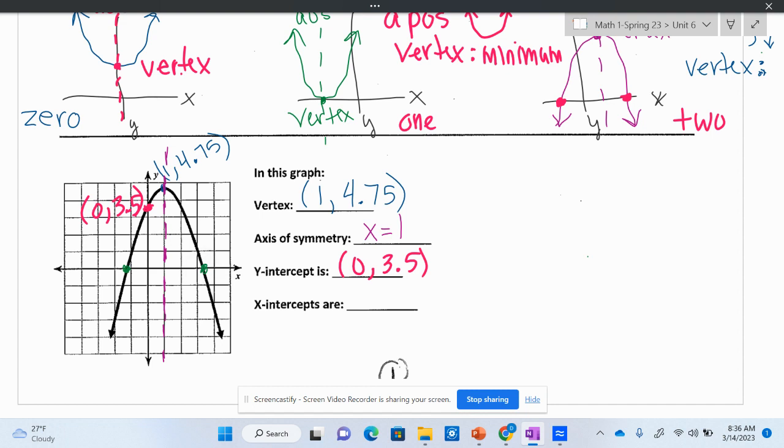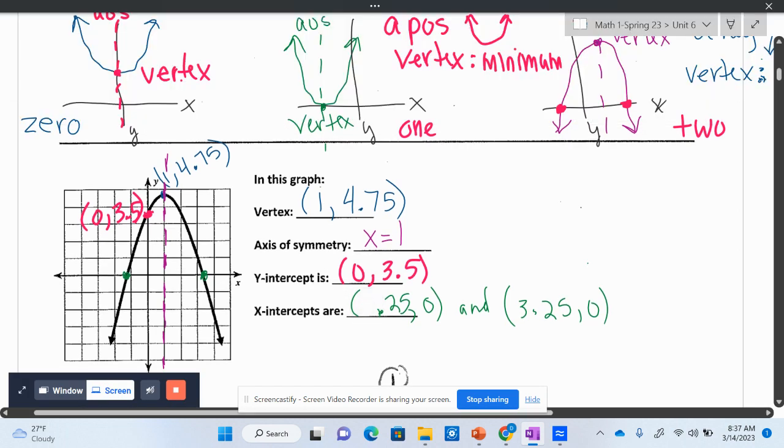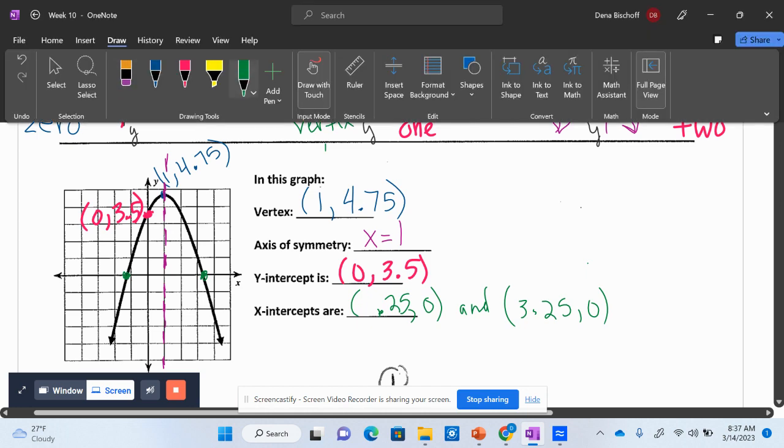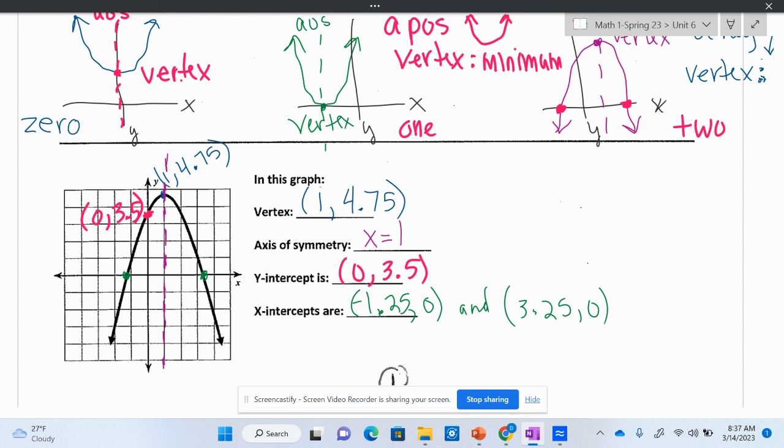Those points were negative 1.25, 0, and positive 3.25, 0. That does not look like a negative 1. It's negative 1.25. I know, I'm fixing it.